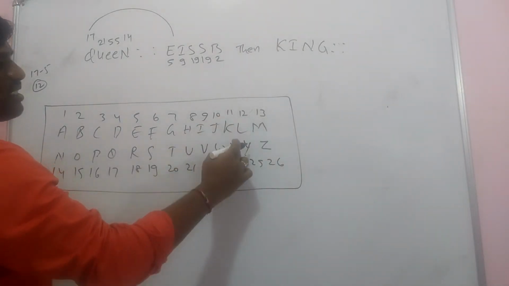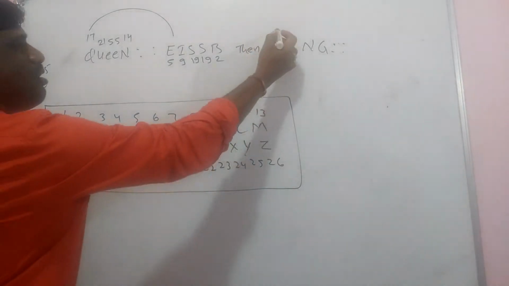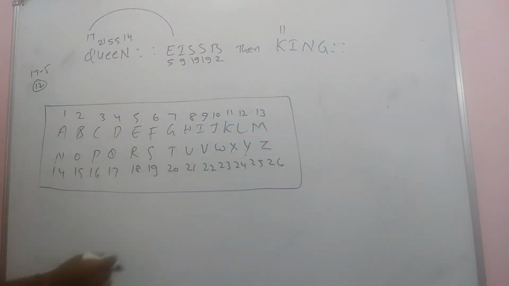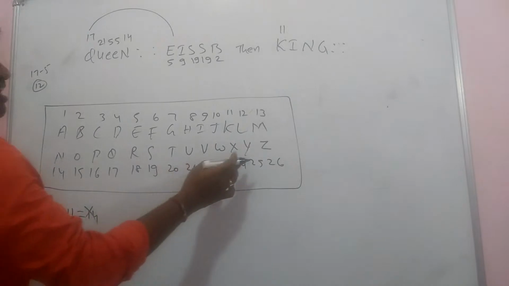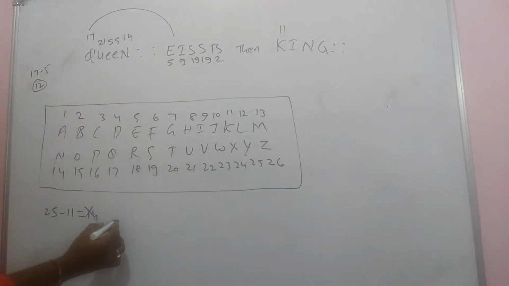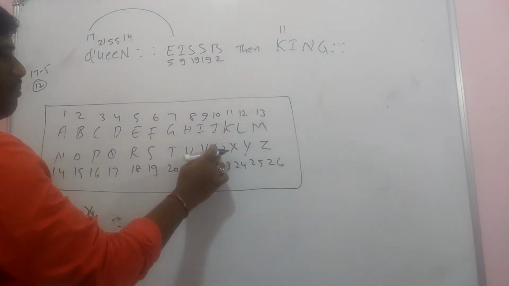So K is X, I should get. K is how much? 11. If I take Y, how much will it be? 25. 25 minus 11 is 14. This is wrong. If I take X, it works out. 24 minus 11 is 13. K, W you should get.